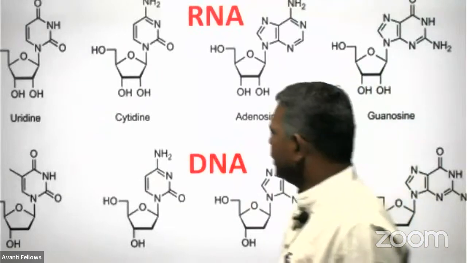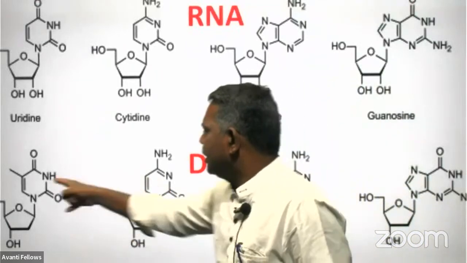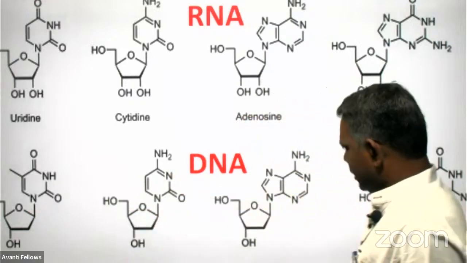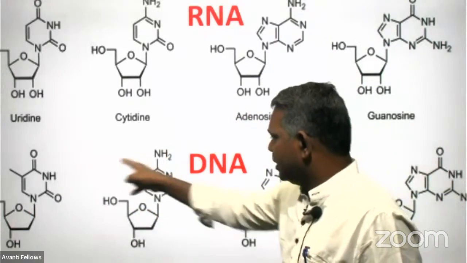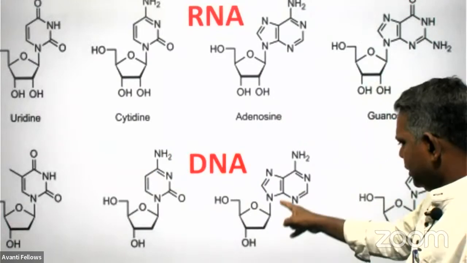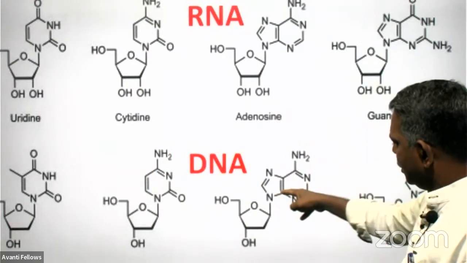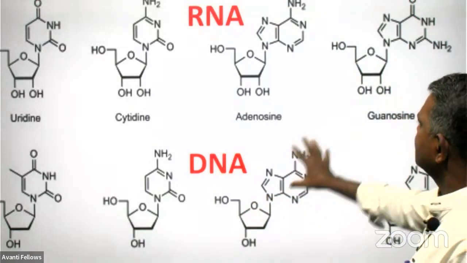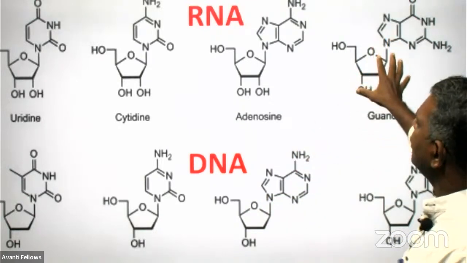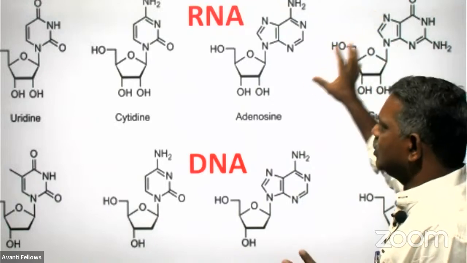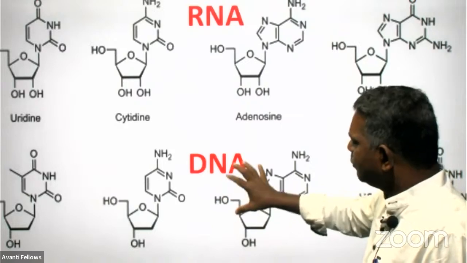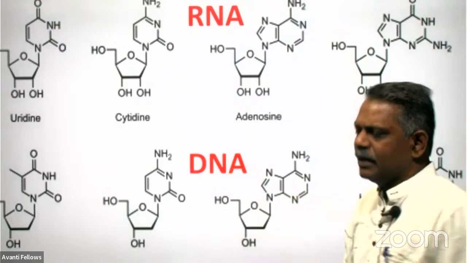And in DNA also, we can find the pyrimidine here connected to the first carbon atom of the pentose sugar, and the third carbon atom of this pyrimidine and the ninth carbon atom of purine are connected to the first carbon atom of the pentose sugar here. These are the 4 different kinds of nucleoside present in RNA, and these are the 4 types of nucleoside present in the DNA.